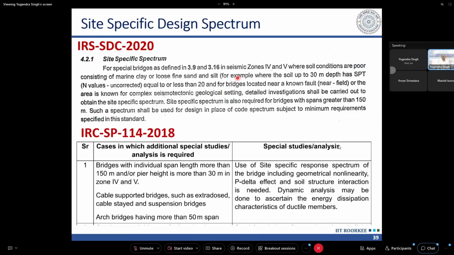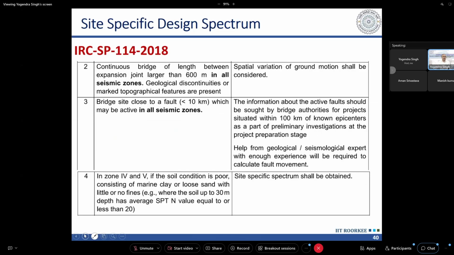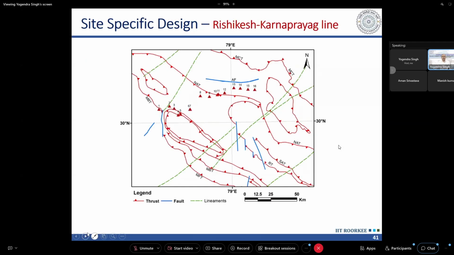Now we can also perform a site-specific design spectrum, and the IRS code as well as the IRP code both suggest that when our site is close to a fault, we should go for a site-specific response spectrum. So in a site-specific response spectrum, we take into account all the sources.